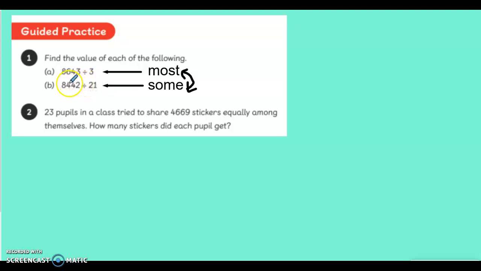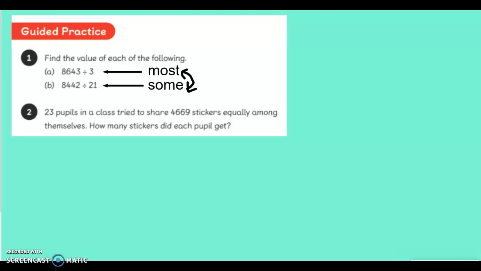If you manage to get finished on most doing the divide by 21, there is an extension here with number 2 that you can have a look at as well, just to make sure that you really do know what you're doing. I am about to go on to the next slide and show you the answers to these ones, everyone. So just pause it and make sure that you have finished your work first.